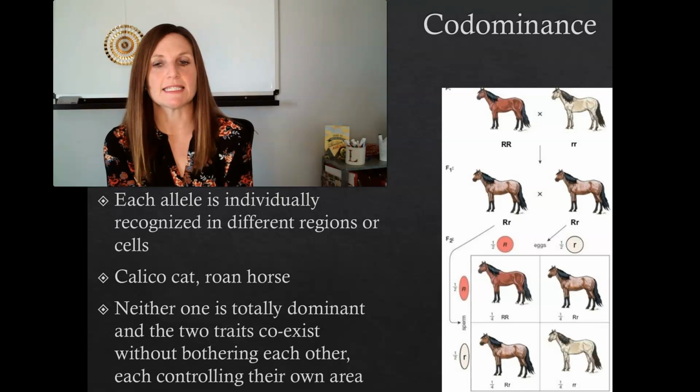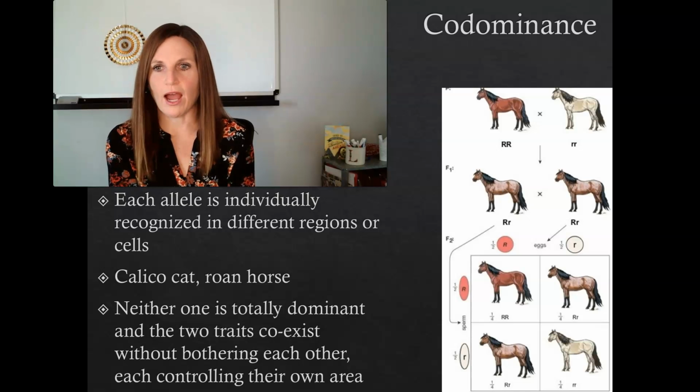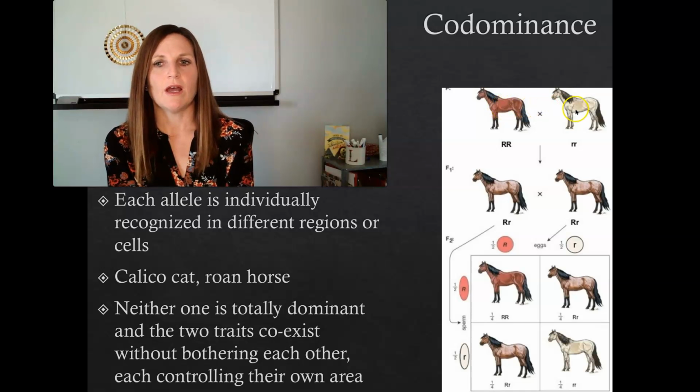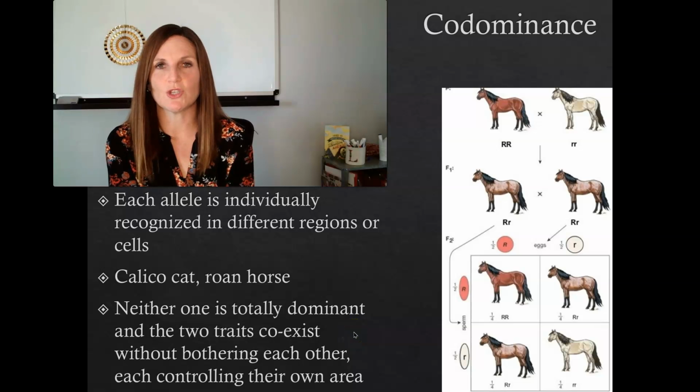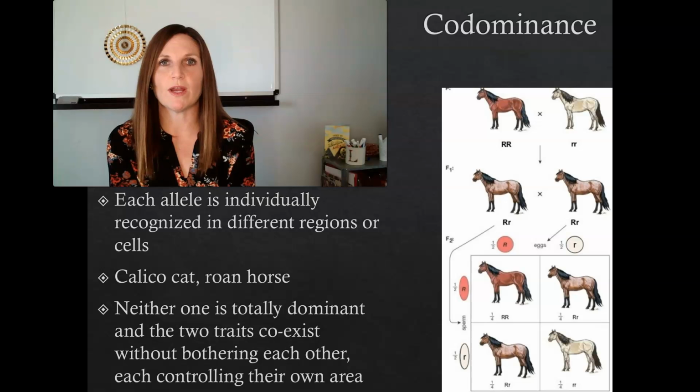So it has some brown bay colored and some palomino blonde colored hairs, all scattered in between to give it this roan or salt and pepper or speckled colored coat. In a situation like this, neither one is totally dominant nor recessive. It's just that whichever one gets expressed is a little bit left to genetic chance.